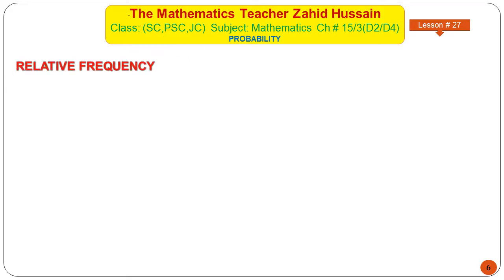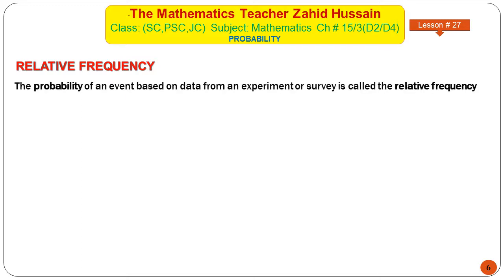Now, relative frequency. Relative frequency is simply the probability of an event, but it is the experimental probability of an event, whereas probability is the theoretical probability. The probability of an event based on data from an experiment or survey is called relative frequency.